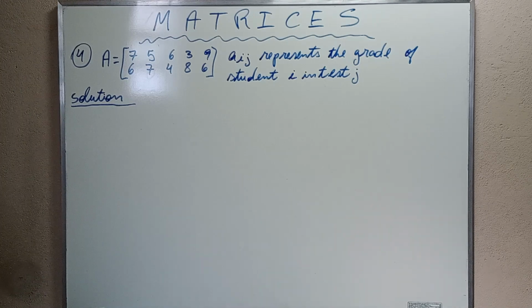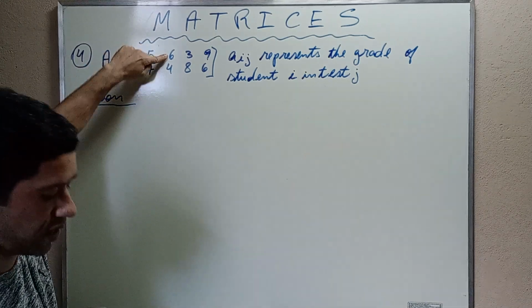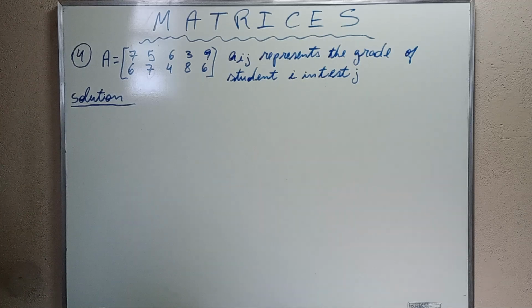The exercise stated that the entry Aij represents the grade of student i in test j. In this way, for instance, A13 represents the grade of student 1 in test 3. But the exercise wants us to compare the averages. So firstly, we calculate the averages.